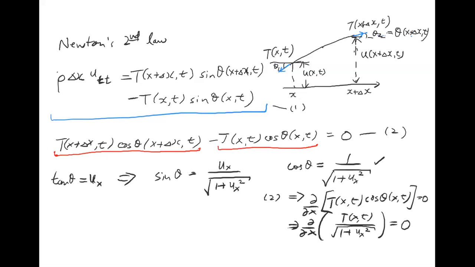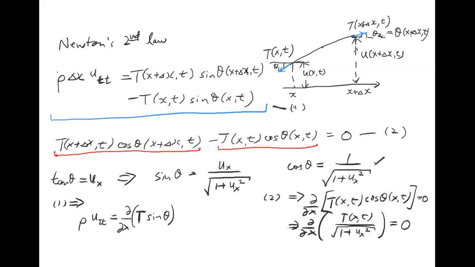And similarly, for equation 1, go back to equation 1 here. Again, I divide by delta x throughout. I will have equation 1 implies rho u sub tt, and again divide by delta x throughout the equation and take delta x to 0. Then you will see that this is also the partial derivative with respect to x of T, which is a function of x and t, times sine theta.